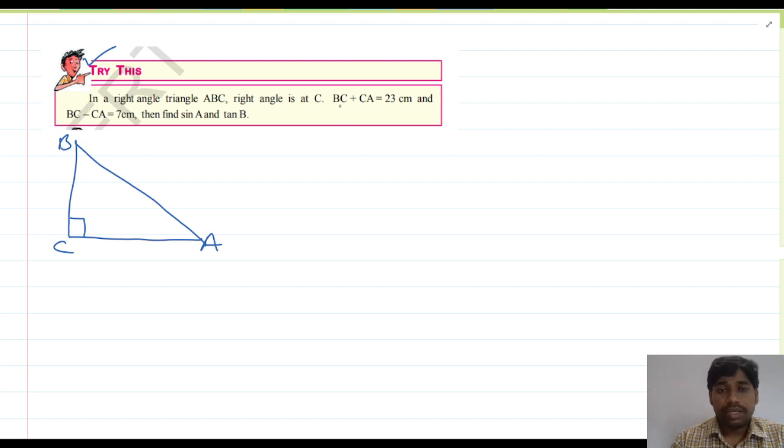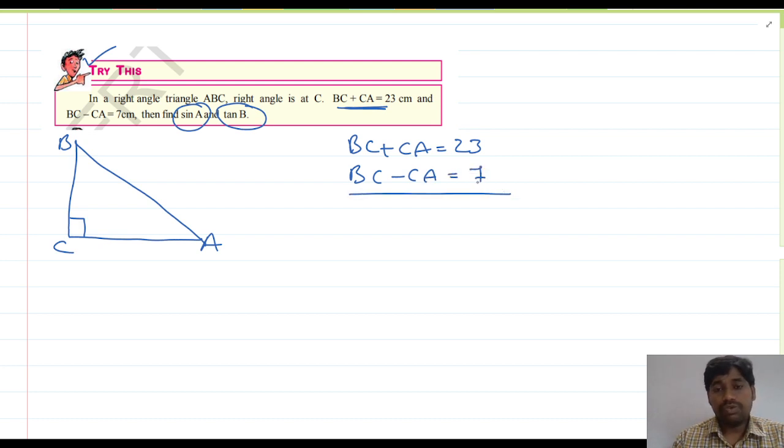But they have given not the sides but the relationship between the sides, and we have to find sin A and tan B. That is BC plus CA is equal to 23. Similarly, BC minus CA is given as 7.